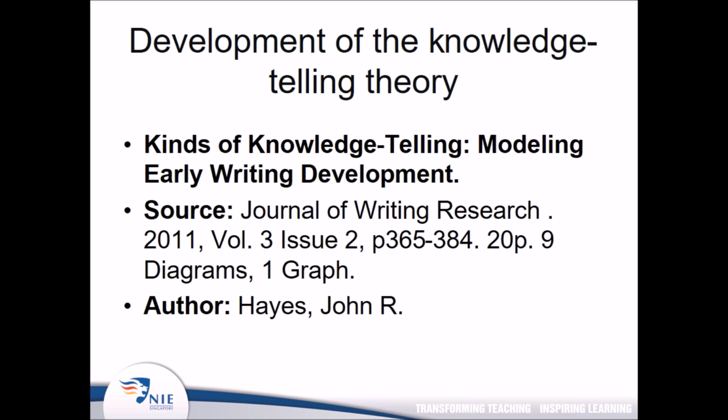The knowledge telling part of their model has been further extended. If you are interested to learn more about it, I recommend that you take a look at this paper by Hayes, which was published relatively recently, in 2012, titled Kinds of Knowledge Telling: Modeling Early Writing Development. In this paper, he proposes 3 separate models for knowledge telling.